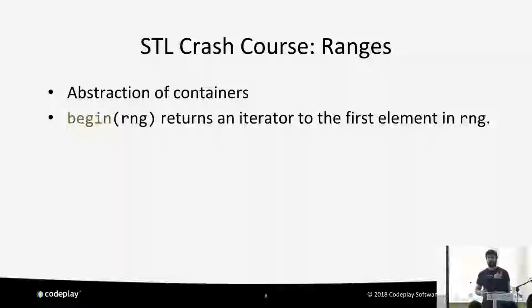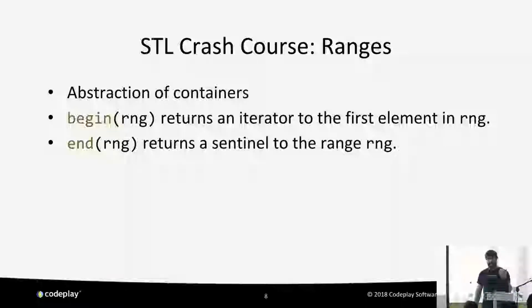Begin, which returns an iterator to the first element in the range, and end, which returns a sentinel to the range. Now, a sentinel is something that's only been introduced very recently, and it's something that is related to the iterator that begin would return. And essentially, it's a way of saying this is when we've reached the end of our sequence.